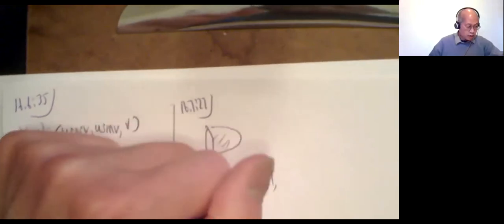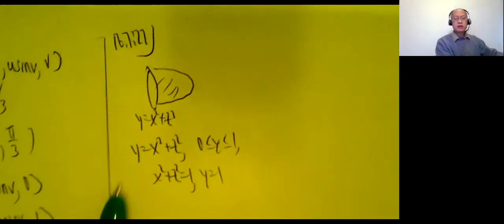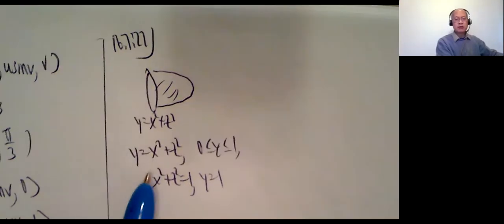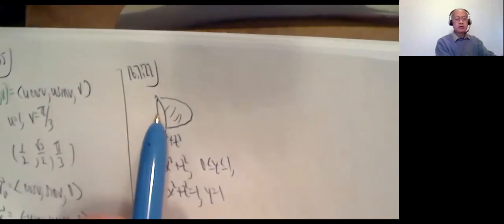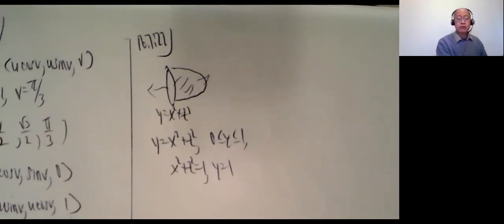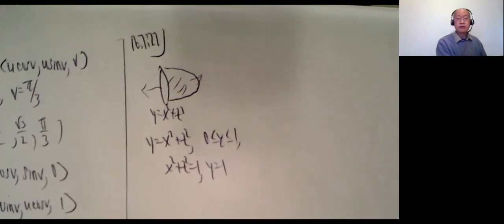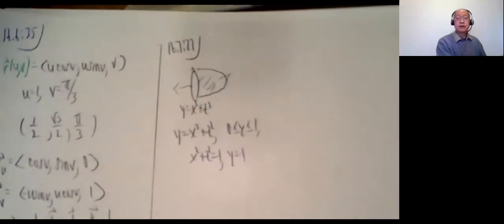If y equals 1, in the xz plane you have the unit circle, and you have this paraboloid here. If you're talking about the flux across the surface, this would be considered outward, and so on. In the interest of time, I'll say abandon it, and I won't have you do that one because it's too long. Sorry about that.